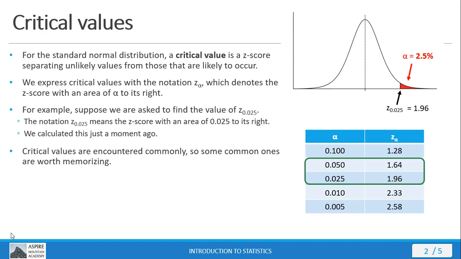You end up memorizing these because you see them so many times in problems. Even if you're using something like StatCrunch, you keep seeing those numbers pop up every time you calculate. So 1.64 is the critical value for 5% area, and 1.96 is the critical value for 2.5%. These numbers pop up most frequently, but sometimes you see the others in the table as well.